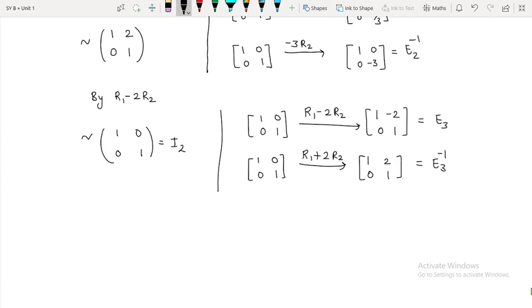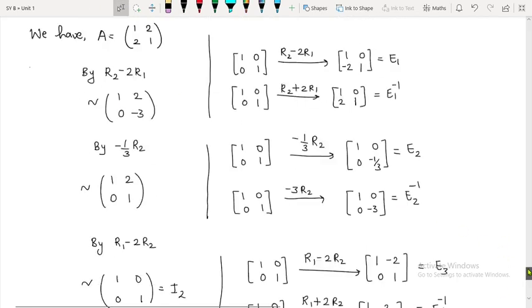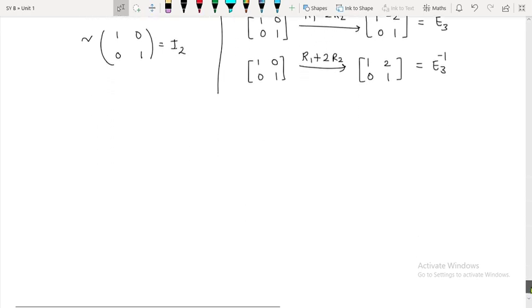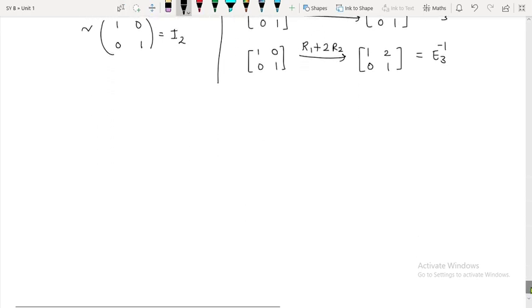Is that okay? So we have expressed I as a product of elementary matrices here, not expressed exactly. We have converted A into identity matrix by performing certain elementary row operations. Okay, so now we are ready to write down the representation of A as a product of elementary matrices. So A is equal to, now what should be the order? We'll start with E1 inverse, E2 inverse, and E3 inverse.